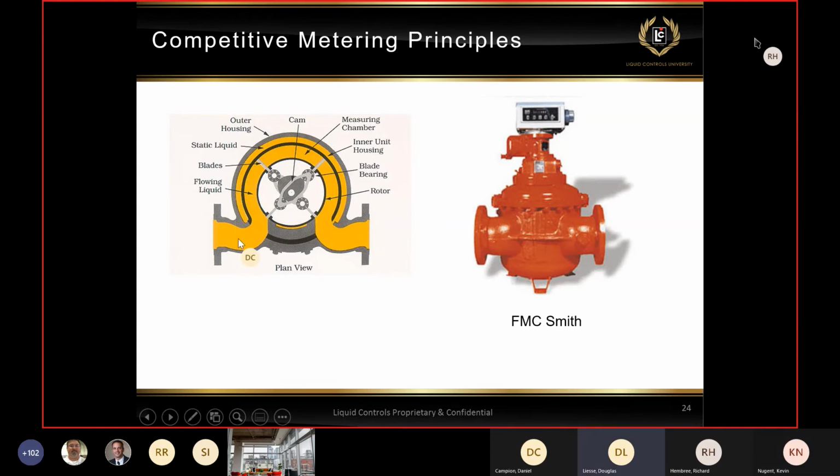They have an inlet flow and an outlet flow, and the flow is actually pushing the drum or the rotor inside that houses the vanes, and the vanes are coupled to a set of bearings, excuse me, and those blades are being forced out by using this cam.